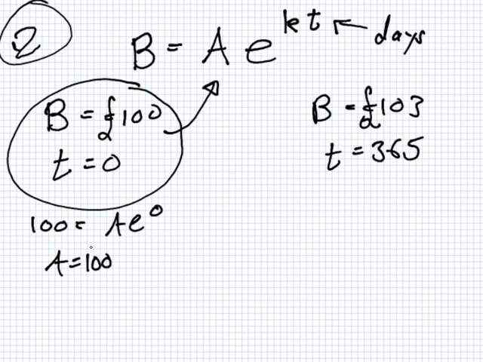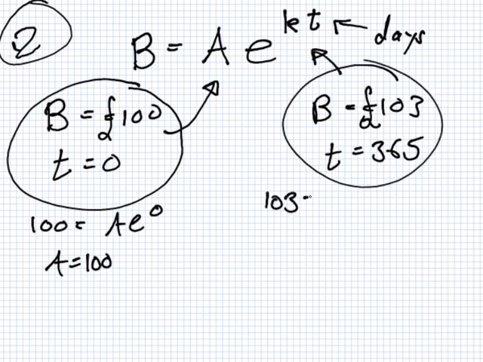But at the moment you first put it in, it's 0, because no time has passed. When we say t is the time, we mean the time that has passed. So 0 days have passed on the first day.